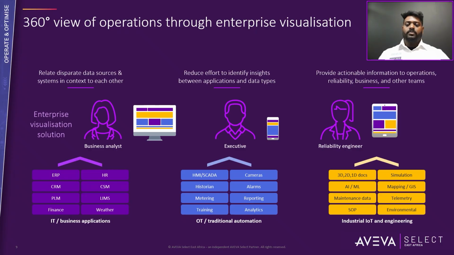Your business analysts will require the LIMS database and their ERPs, etc. The executive will need their HMI SCADA software, some camera views, historian, and reporting like reports for operation. The reliability engineer would need access to documents like your 2D, 3D, which could reference your AVEVA E3D or simulation packages. The maintenance data and maps can also be utilized.